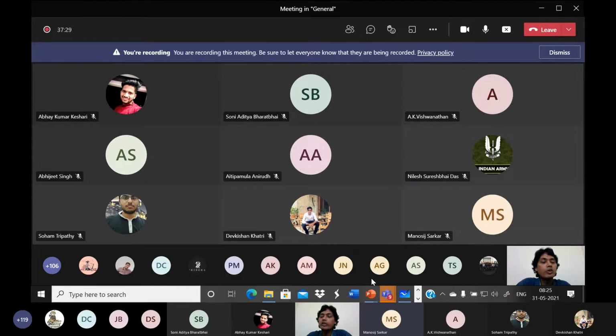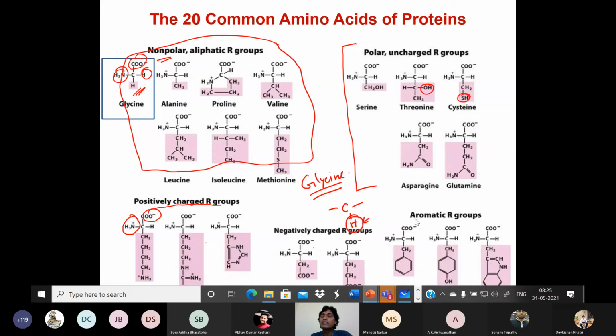Yeah, the hydrophobic part means, if you see the structure in the side chain, you will see there are no polar or charged groups. As a result, in water they are not soluble, or they don't like water. Those are the hydrophobic side chains. Since those amino acids are almost randomly distributed in a protein, if the protein is a linear chain, those hydrophobic side chains will create a problem.